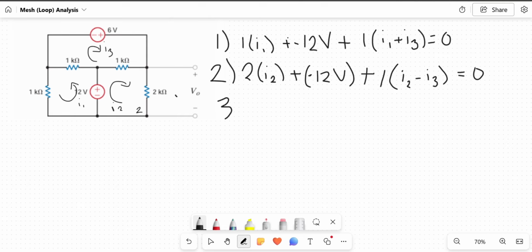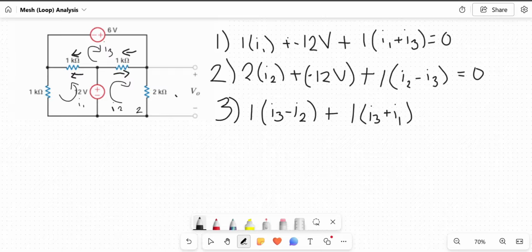And now for this third equation, we can see I3 going this way while I2 goes this way. They're opposing, so this will be written as 1 I3 minus I2, plus 1 I3 plus I1, and this enters from the negative terminal, minus I6, equals 0.